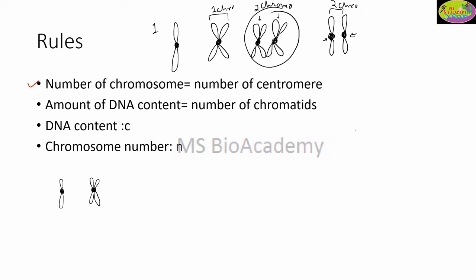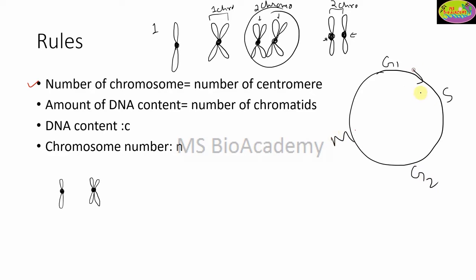Now you understood how to find the number of chromosomes. Now let's find the number of chromatids. First of all, what is a chromatid? A chromatid is nothing but a copy of the chromosome. You know that in the cell cycle there are the G1 phase, then the S phase, then the G2 phase, and then the M phase.